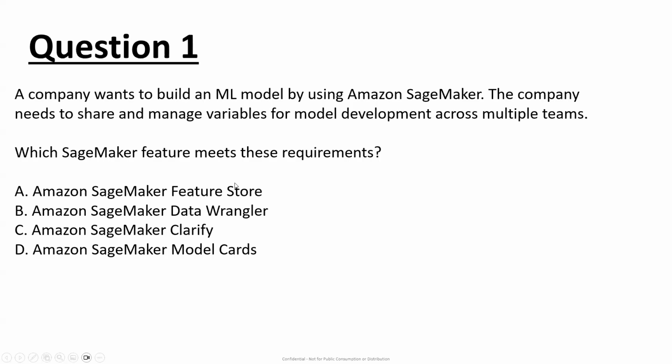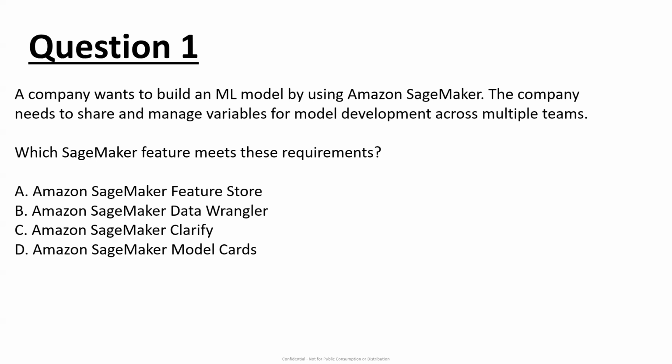Now, question 1. A company wants to build an ML model by using Amazon SageMaker. The company needs to share and manage variables for model development across multiple teams. Which SageMaker feature meets this requirement? Amazon SageMaker Feature Store, Amazon SageMaker Data Wrangler, Amazon SageMaker Clarify, Amazon SageMaker Model Cards.